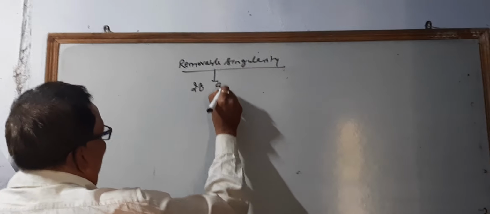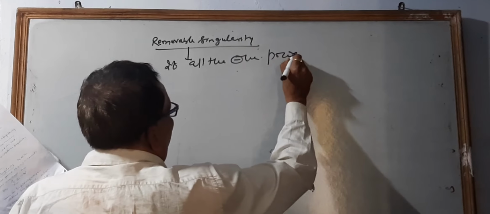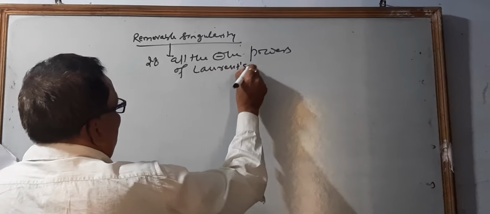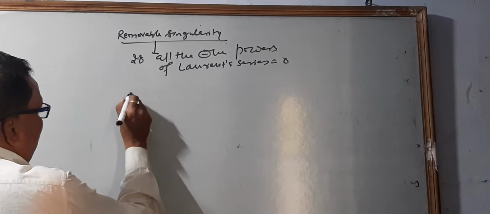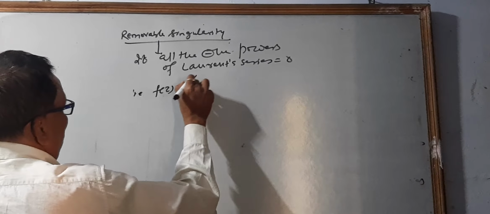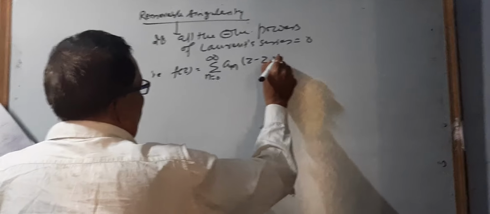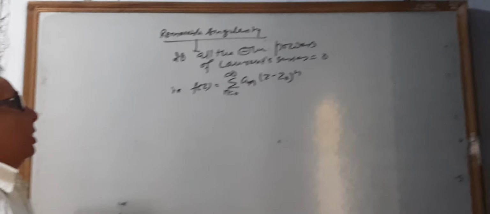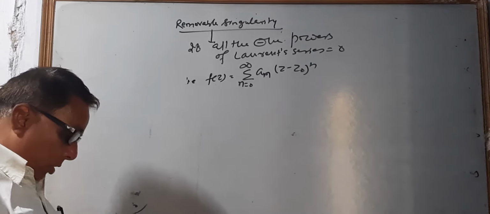If all the negative powers of Laurent series equal 0, that is, in Laurent series, if the negative powers equal 0, then the series becomes function of z equal to the sum from n equal to 0 to infinity of a_n (z minus z0) raised to power n.